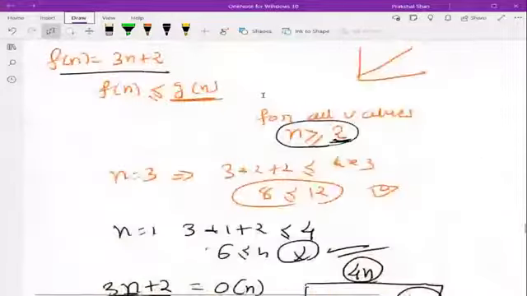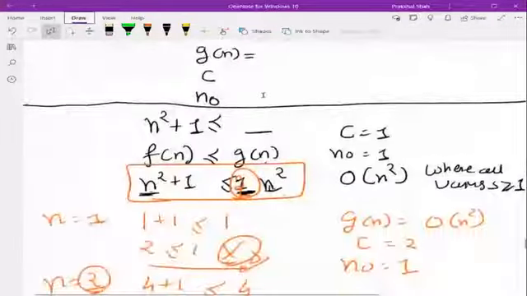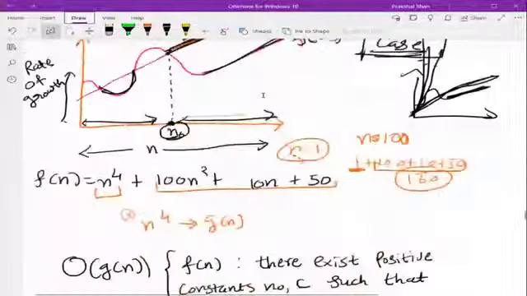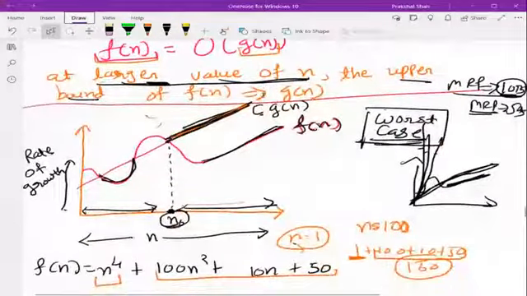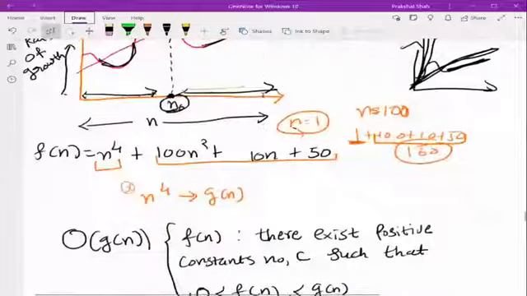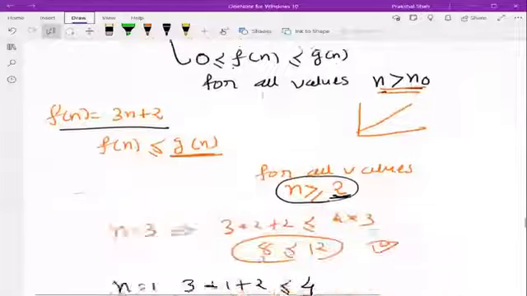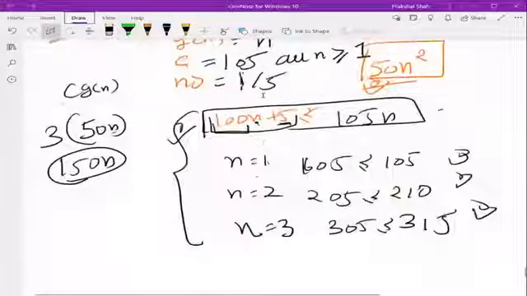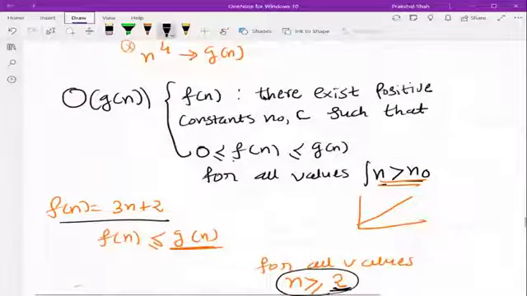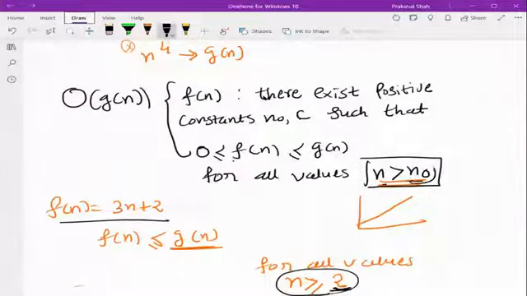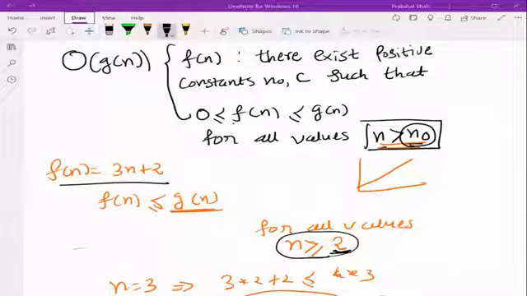Where is the note? Yeah, this one: for every n greater than n naught, this will be our n naught.